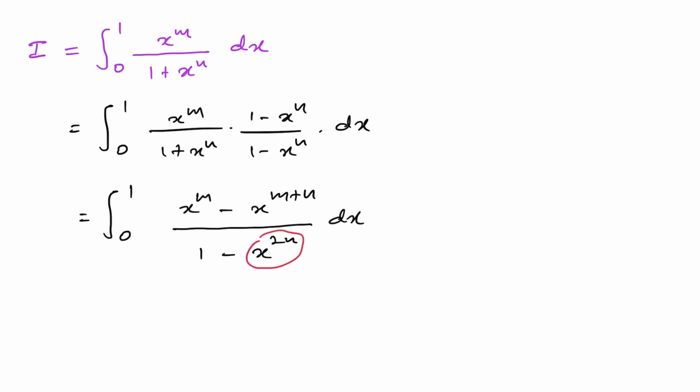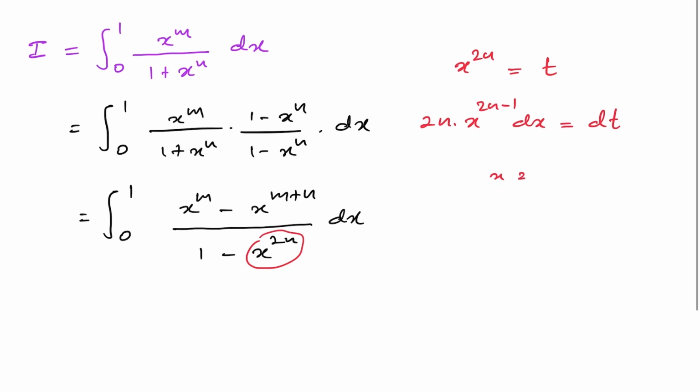Let us take the substitution. Here we have x to the 2n, so let's take x to the 2n equal to t. Then if we differentiate, 2n times x to the 2n minus 1 dx is equal to dt. Also we can isolate x: x is t to the 1 over 2n. Let's plug in.